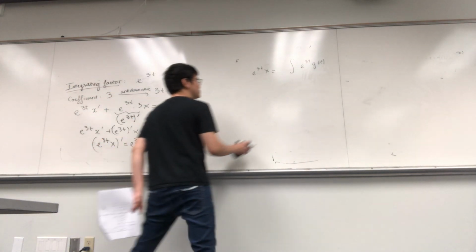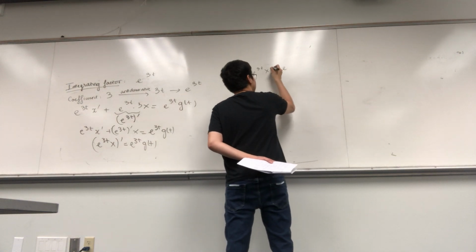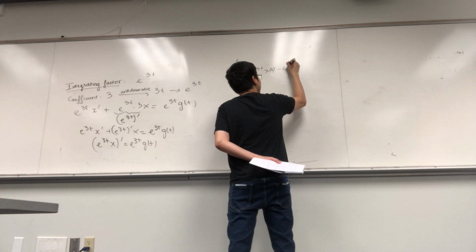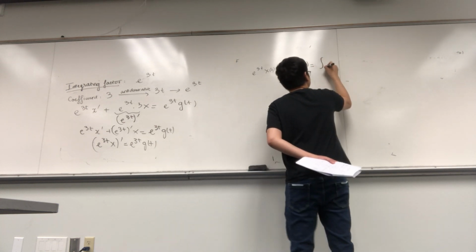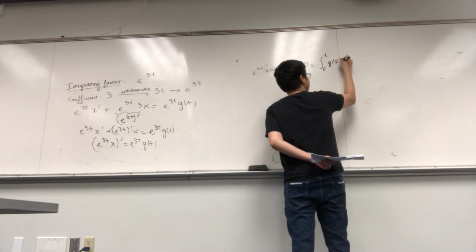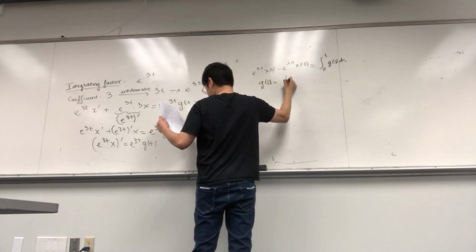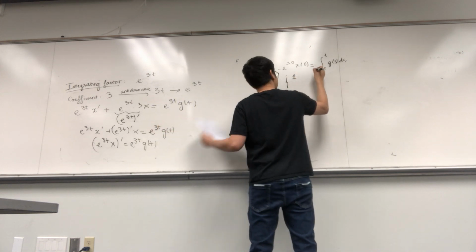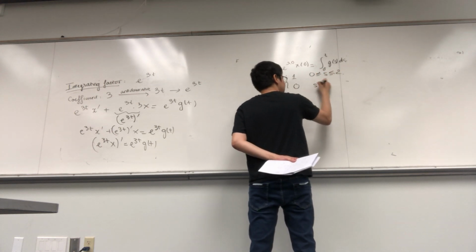So when you integrate both sides, you have e to the 3t x at t, minus e to the 0 times x at 0. And then this is going to be the integral from 0 to t of g(s) ds, in which g(s) is going to be 1 when 0 is smaller than s is smaller than 2, and 0 when s is bigger than 2.